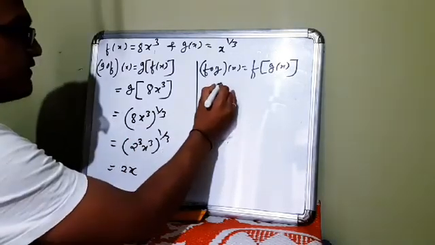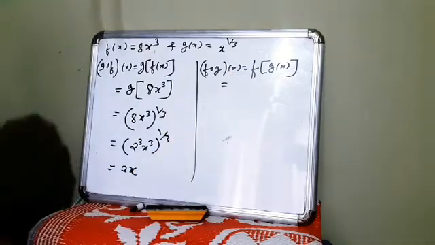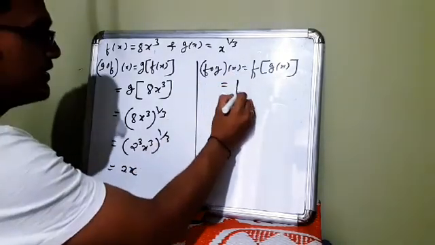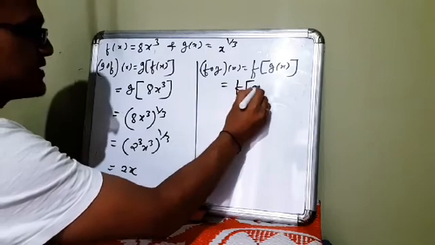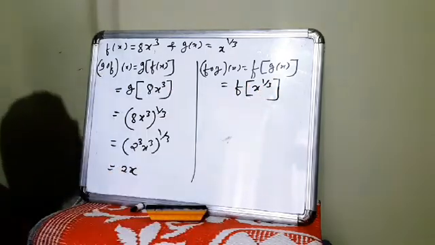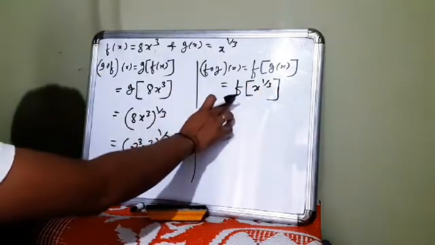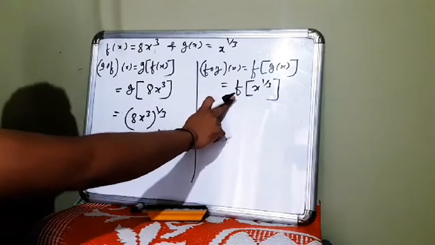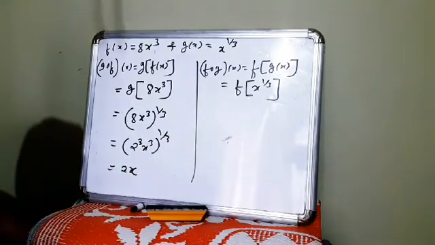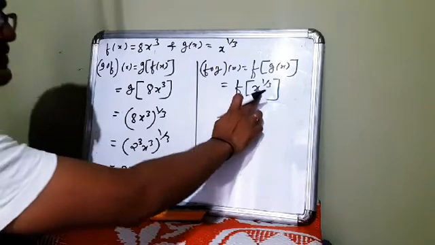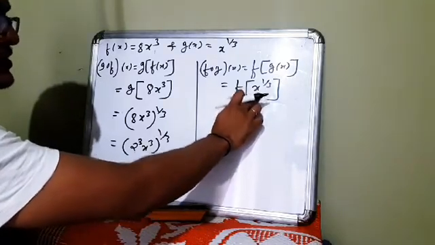Now let us find f composition g. The definition is f of g of x. f as it is, what is g of x? x to the power 1 by 3. Outside which function is there now? The f function. It means in the function f of x, wherever x is present, in the place of x we have to put this value.